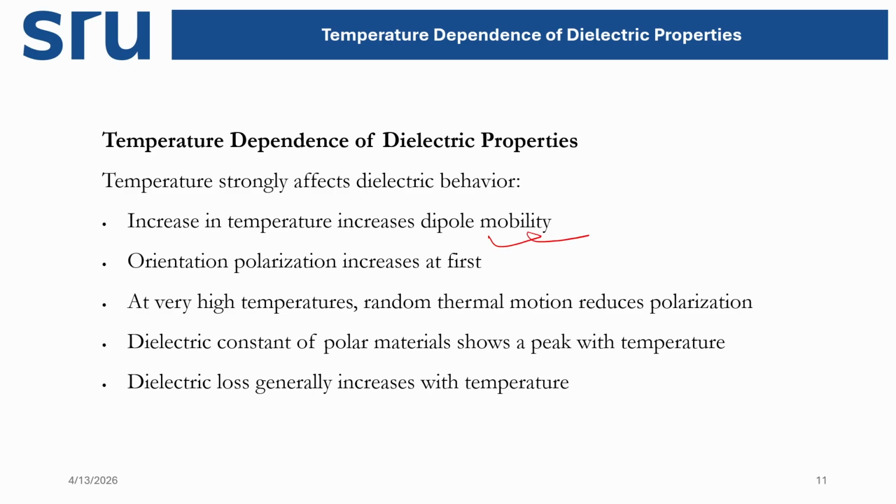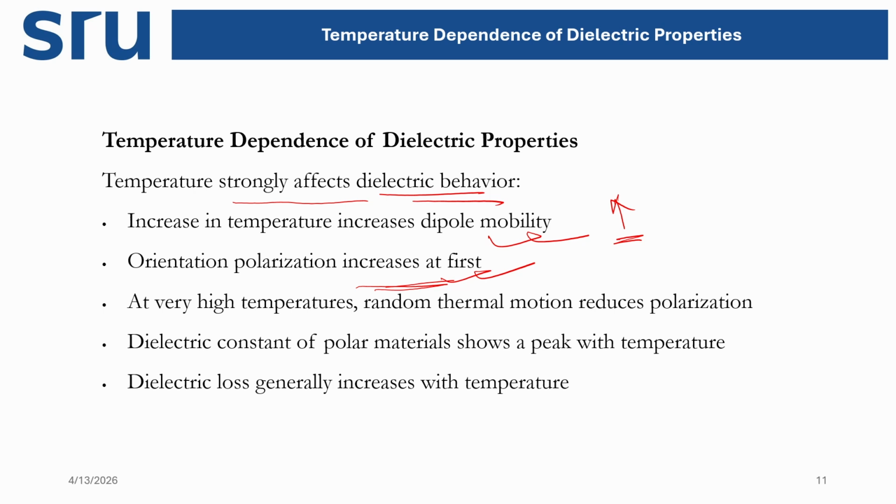That is why temperature strongly affects dielectric behavior. Orientation polarization increases fast, meaning the direction in which the dipole is oriented can be changed very fast with increasing temperature.